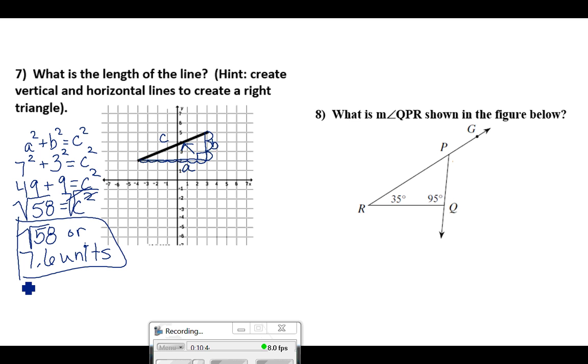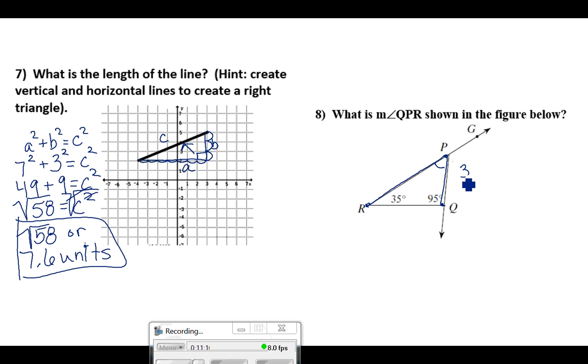Question 8. What is the measurement of angle QPR shown in the figure below? Well, let's find QPR. That means we're looking for the measurement of this angle. Because we know that the angles in a triangle all add up to 180, we can set up an equation.